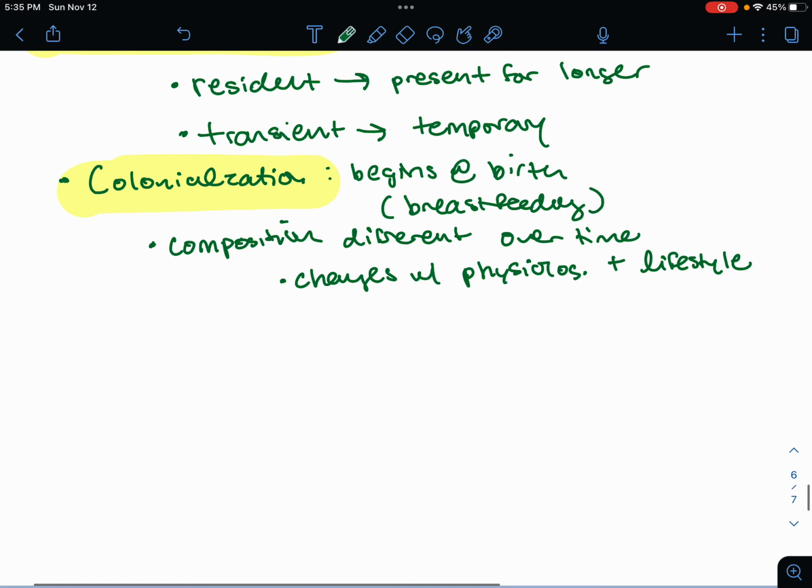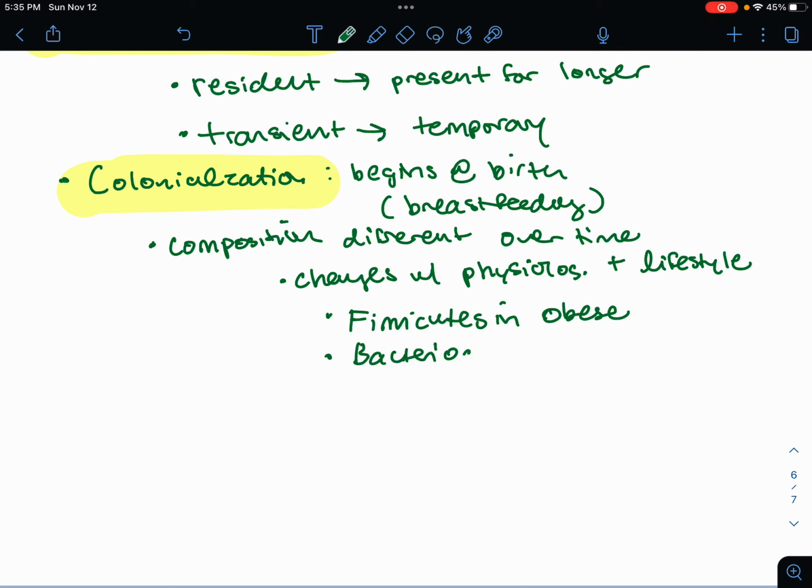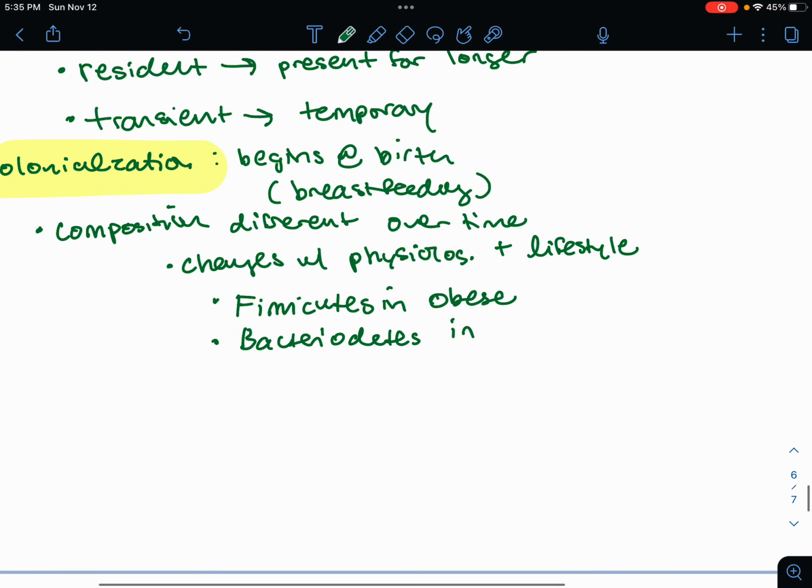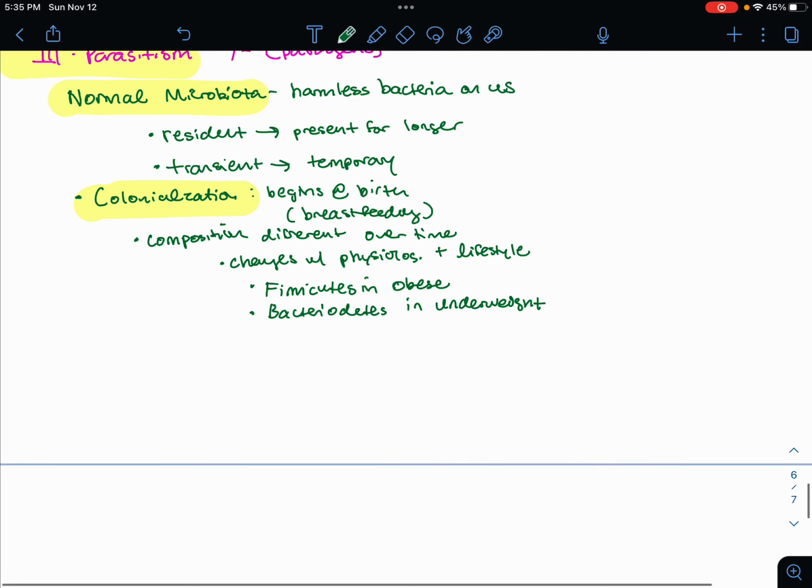For example, there's more firmicutes in people who are obese, while there are more bacteroidetes in those who are thin or underweight. Again, that just shows the composition will be dependent on the individual's lifestyle as well as physiological condition.